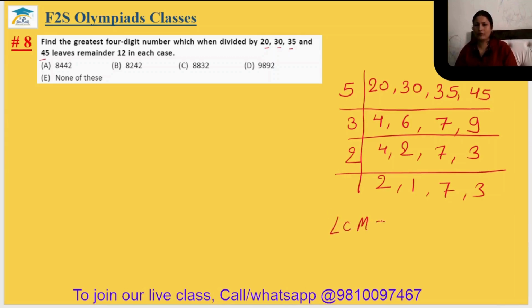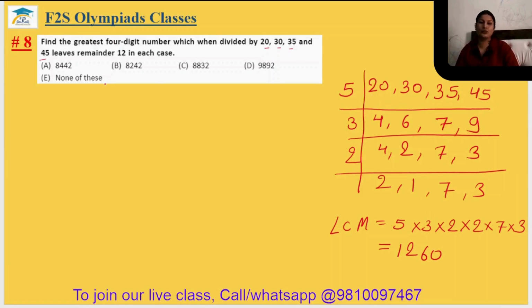LCM will be 5 multiply 3 multiply 2 multiply 2 multiply 7 multiply 3. So this is the LCM. Multiply it in your notebook. 5 multiply 3 multiply 2 multiply 2 multiply 7 multiply 3. So it is 1260. 1260 is the number which can be divided by all these numbers.